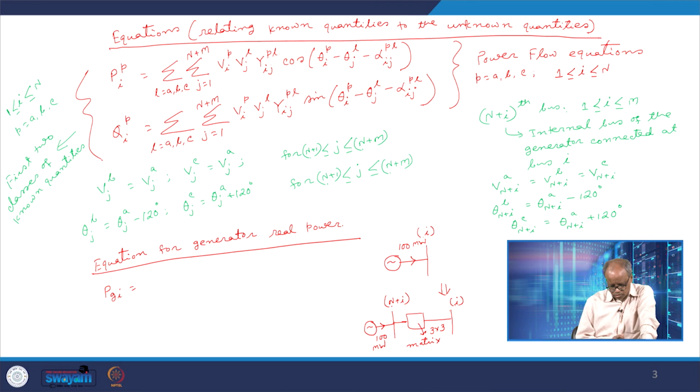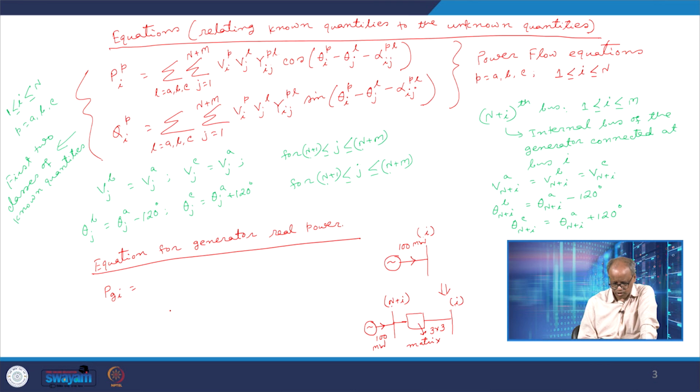Now please note that this 100 megawatt is actually the sum total of the power generated by all three phases. So PGI would be nothing but the sum total of the generated power at phase A of the n plus ith bus, as well as at phase B of the n plus ith bus, as well as at phase C of the n plus ith bus.